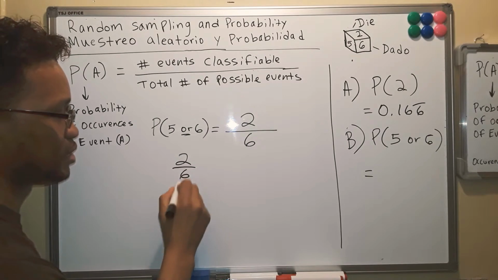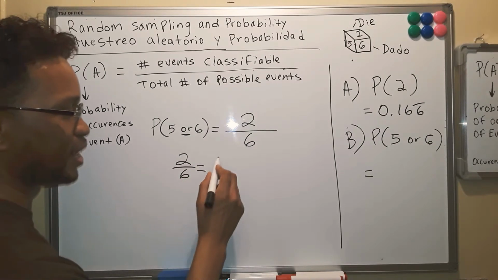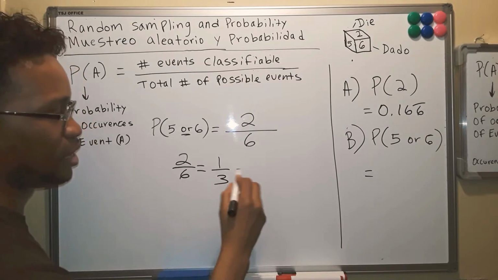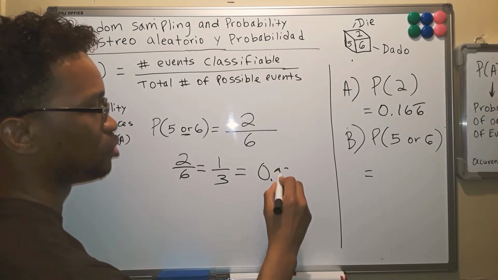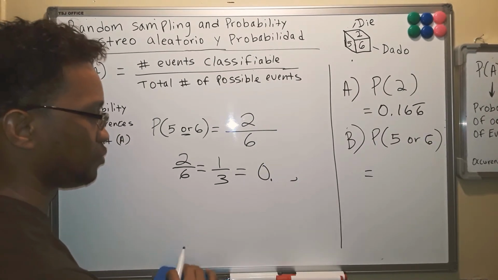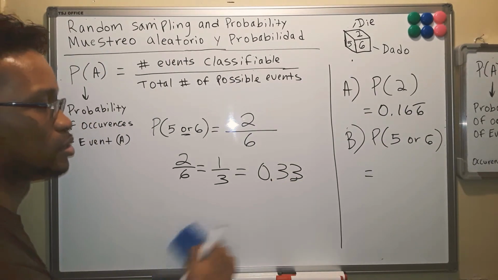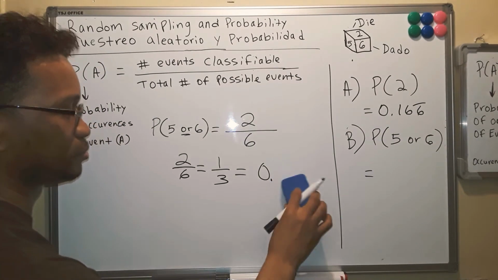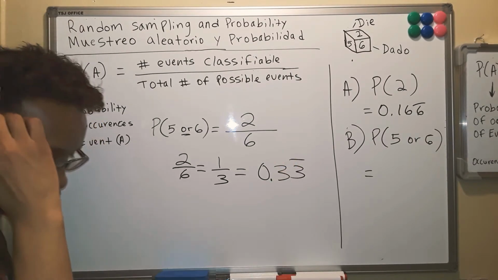When you simplify that, it gives you 1/3, and 1/3 is equivalent to 0.33, a non-terminating decimal.